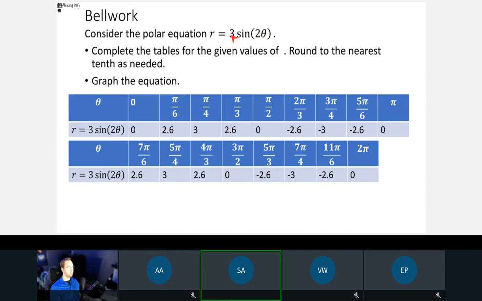I have to type in 3 sine parentheses 2 times pi over 6 in parentheses. Okay. 1 second. See if that gives you 2.6. Okay, so it gave me 3 radical 3 over 2. So then, okay, yeah. All right, hit the SD button. Yep. Okay, you got it. Thank you. You are welcome.